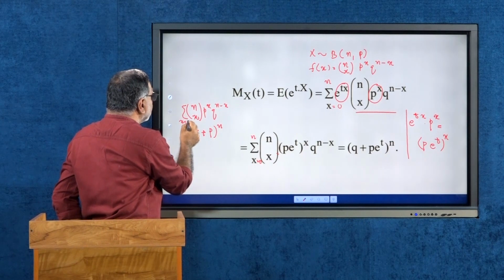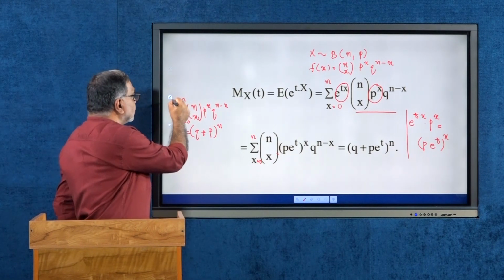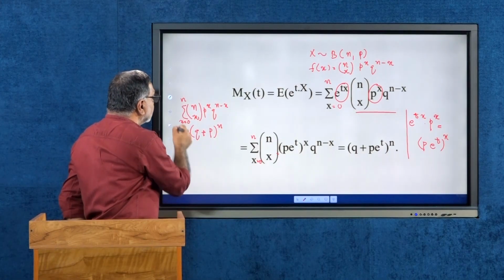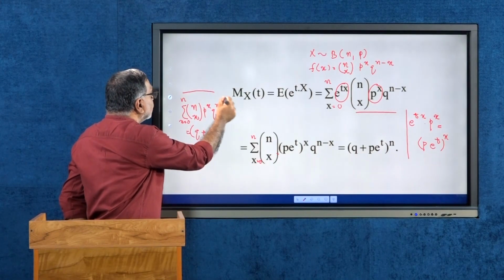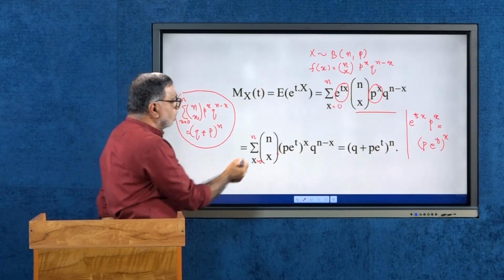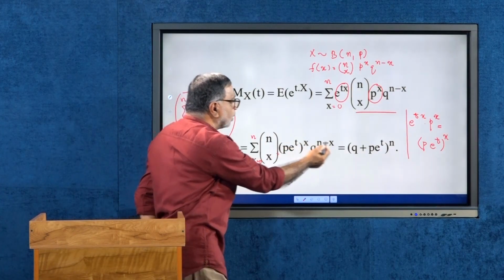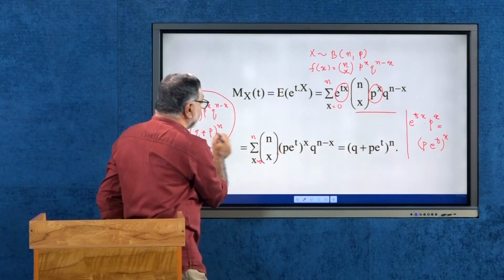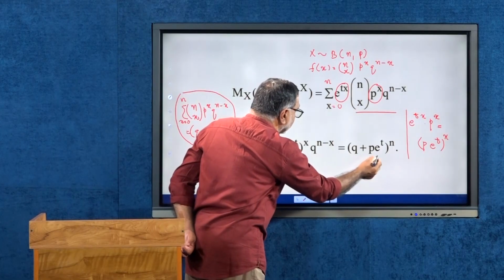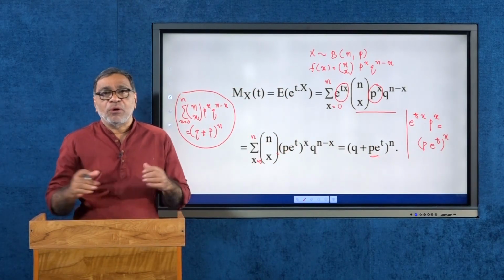So, applying this result here, you have nCx (p e power t) power x q power n minus x, that is q plus, instead of p we have p e power t, so (q plus p e power t) all power n.